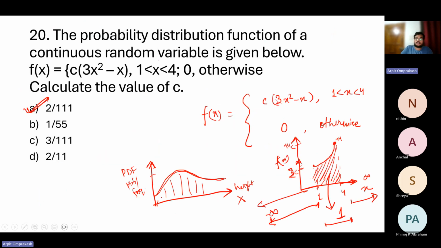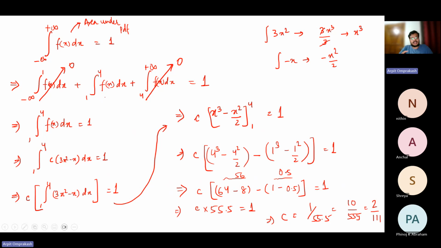Now we know that we are given that if x is... are you guys comfortable with calculus? Since you said you have non-medical, for the rest of you also, are you guys okay with calculus?